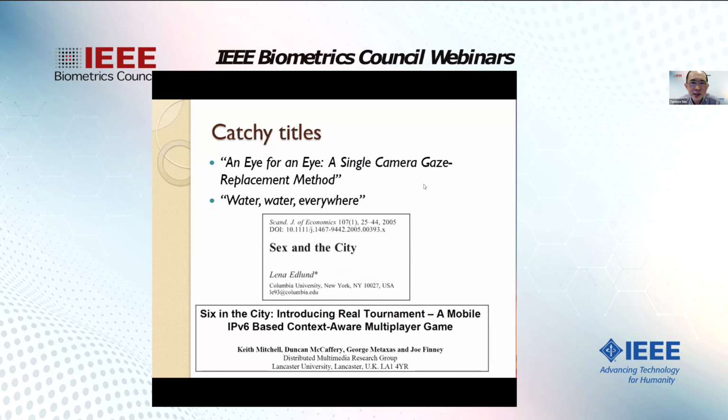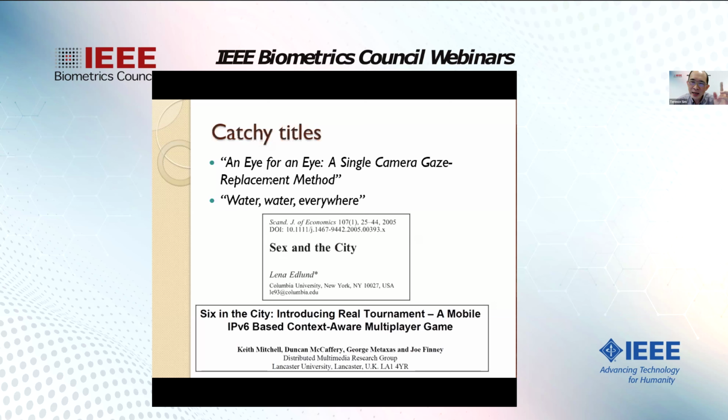Some more catchy titles for you. An Eye for an Eye: A Single Camera Gaze Replacement Method. Can you see the two eyes here? The camera is one eye. The camera is looking at the user's gaze, and the gaze is the other eye.